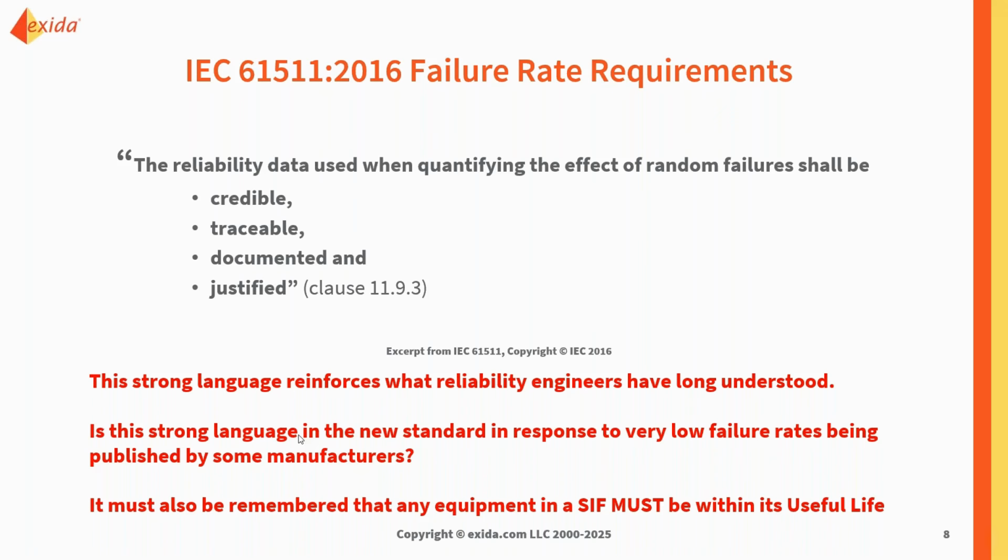Because if we're using failure rates that are too optimistic, you will end up with overstating the amount of risk reduction that the SIF is going to provide. So you'll get unrealistically high values, which you don't want. You want to have realistic, and that's why this clause is in there. So the failure rate data that we use has to meet this.